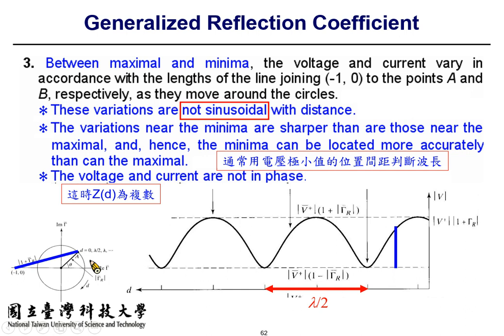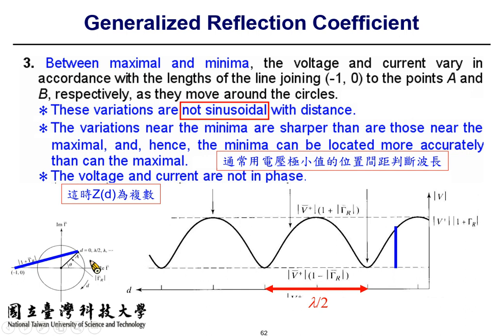In that case, the pattern reaches 0. The minimum of the voltage pattern will reach 0, and it can be referred to as complete standing wave.